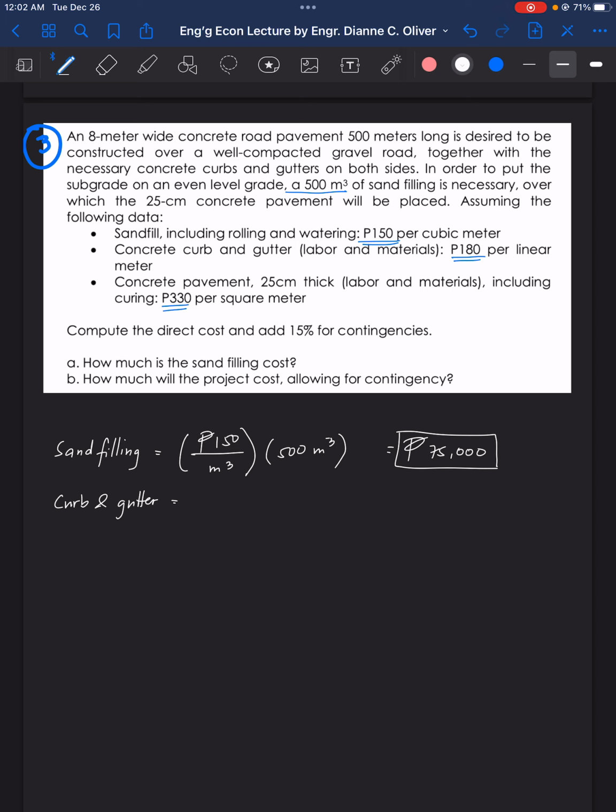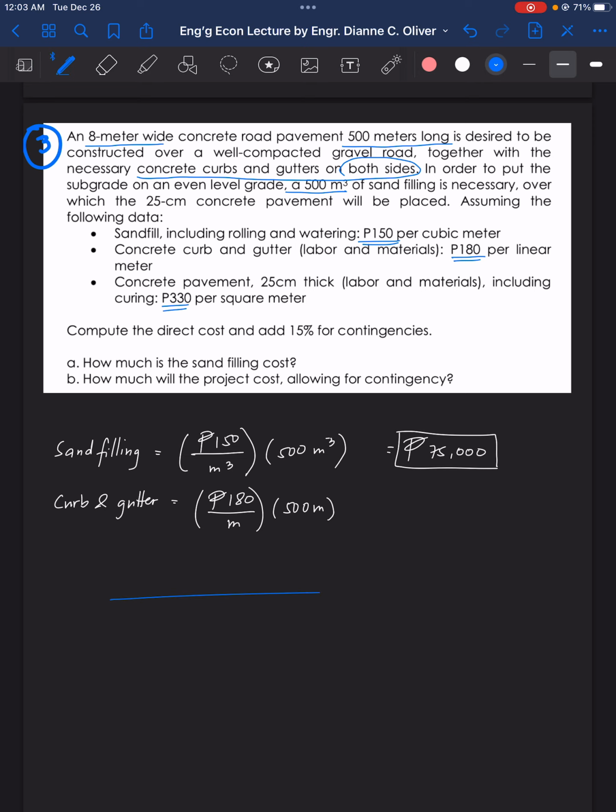For the curb and gutter, it says there 180 pesos per linear meter. And how long is the concrete pavement? So the concrete pavement is 8 meters wide and 500 meters long. And take note of the word here that the concrete curbs and gutters are on both sides.